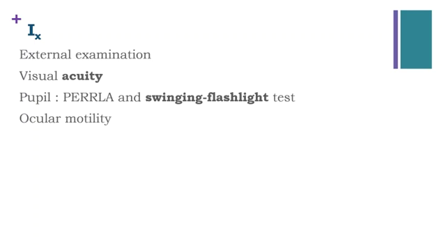These steps can be easily remembered with the mnemonic PERLA: pupils equal and round, reactive to light and accommodation. A swinging flashlight test may also be needed if neurologic damage is suspected.